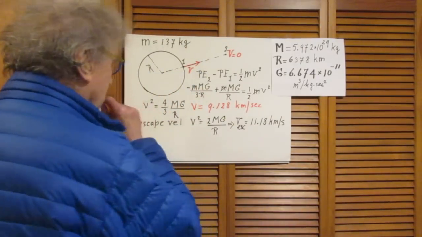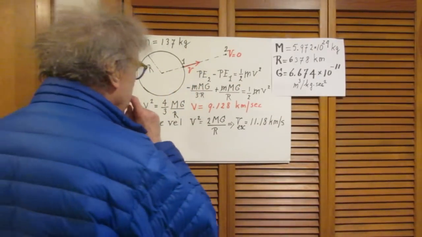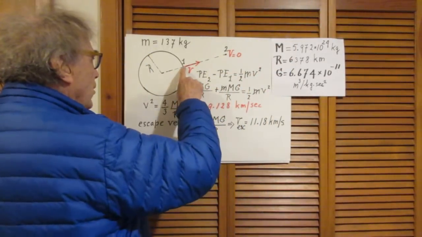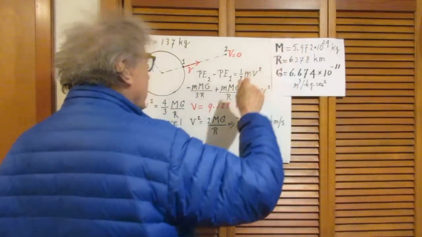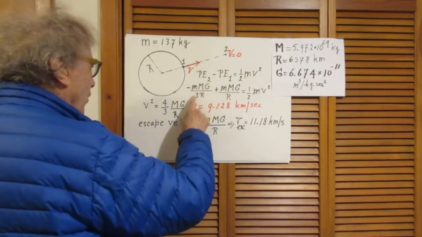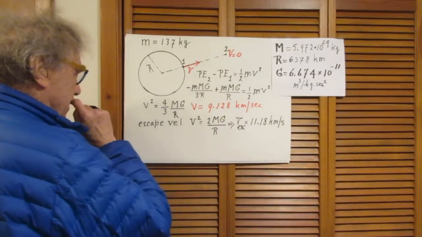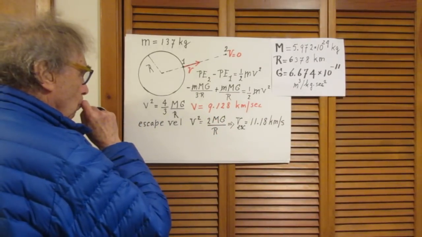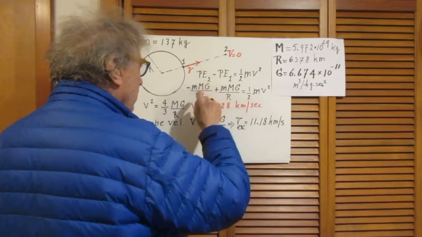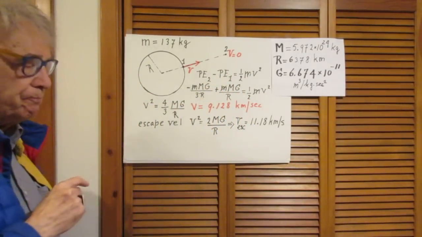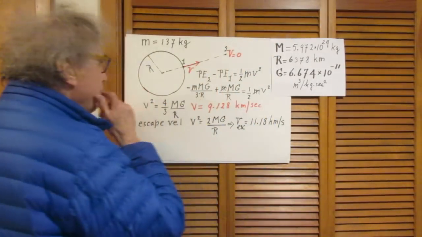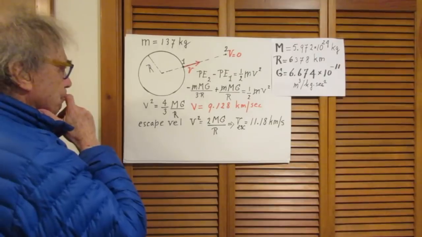So if now I calculate what the escape velocity is, then of course point 2 is at infinity. So it goes from 1 all the way to infinity, and it comes to a halt at infinity. So this term is 0. So PE 1 is negative, but at infinity it is 0.